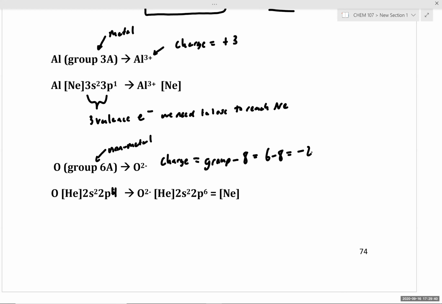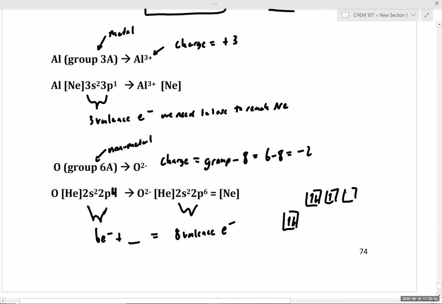To help you visualize this from the perspective of electron configurations, if we have 6 valence electrons, how many do we need to gain to reach 8 valence electrons? Initially, I have 6 electrons.